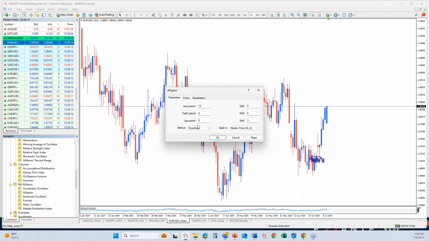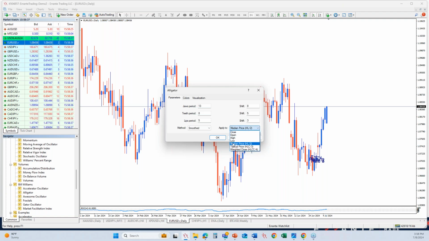And also it's worth mentioning that these moving averages are calculated based on the median price, which is the average of the high and low, or the average of the range of each candle, not the close price. However, you have the option to change it to what you wish to see which one is going better.